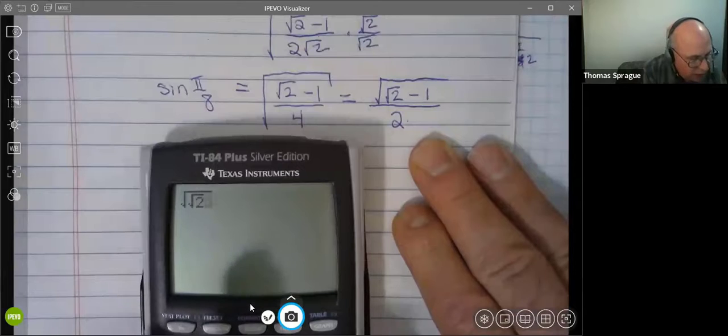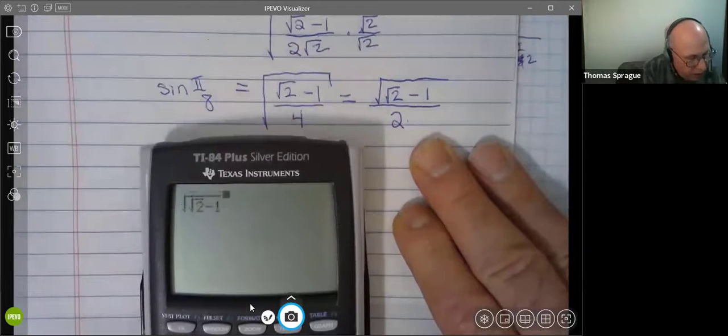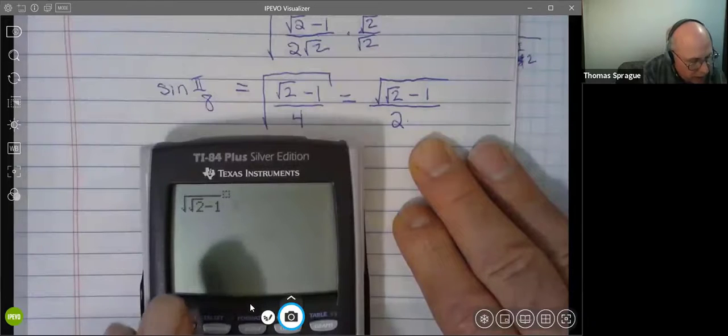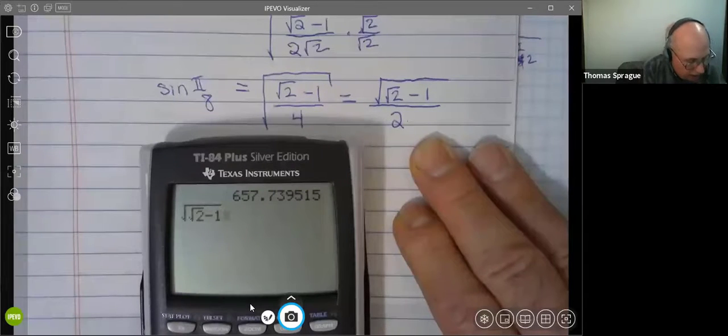Now I've got to escape that first square root, subtract 1, and now that gets me out of the second square root. And then I want to divide the whole thing. Whoops, I did not want that. Can I delete? Yes, I can. Okay, divide by 2, I think should do it.